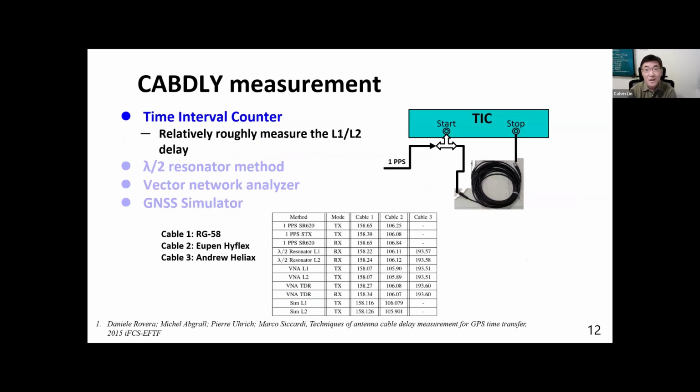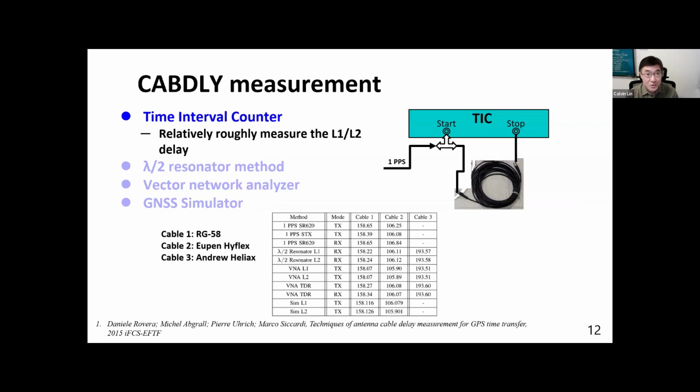cable delay. You can connect the 1 PPS signal with a T connector to the start channel of the time interval counter, and then connect your antenna cable to the stop channel of the time interval counter. So it's quite simple. The reading is roughly equal to your antenna cable delay.